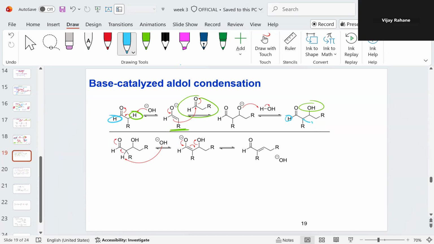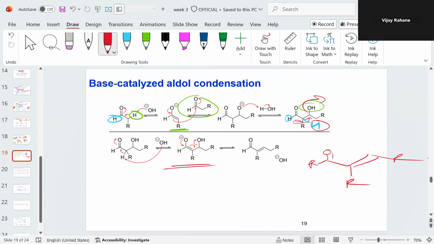This proton is again ready for abstraction, so it is getting abstracted. It will form the negative charge on the center, and then this OH gets eliminated. So basically we get the product, and this again has the R group, whatever, here another R. So this is what we get, an alpha beta unsaturated carbonyl compound.